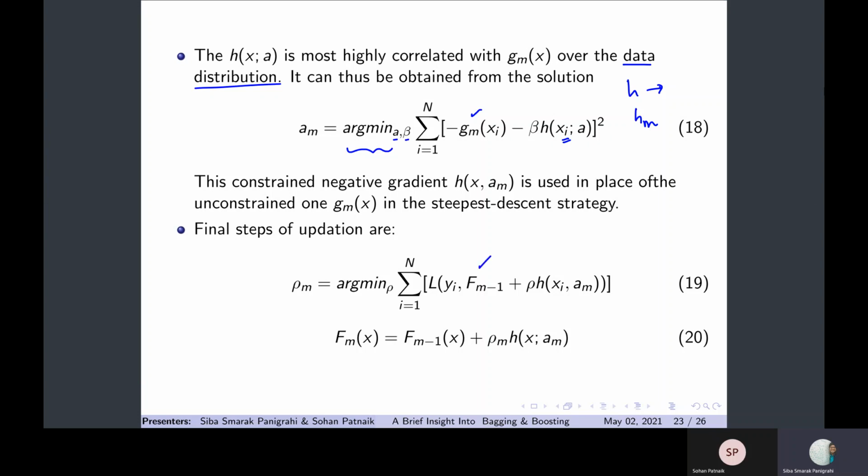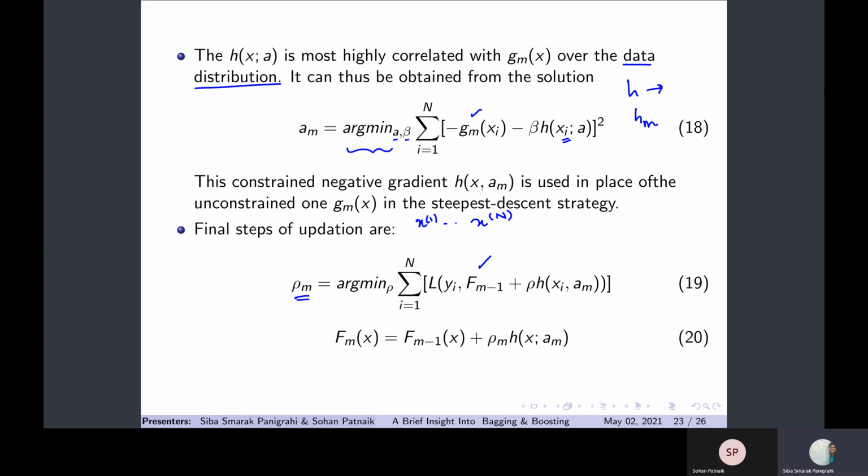Because our f m minus 1 or f star x or any f x is defined over all the x values. So we cannot add or subtract g m, because g m is only for x1 till xn and not for any other x value. So we have to use its estimator h x.